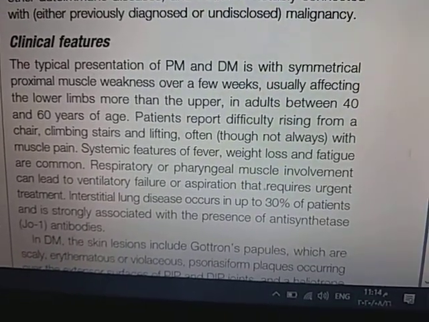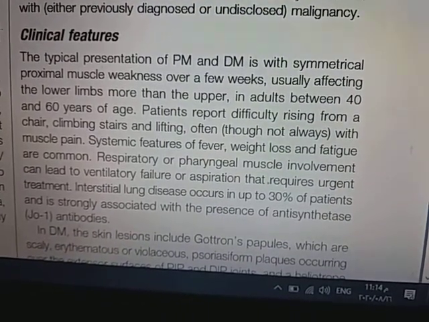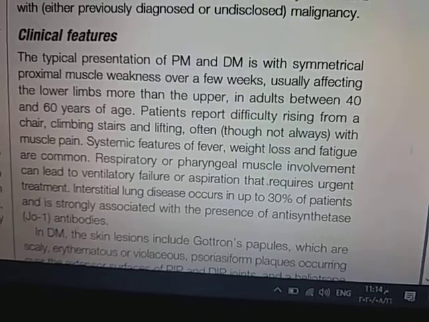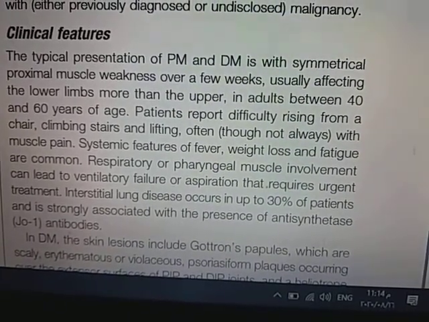Later muscle wasting, contracture, and calcinosis of the muscles. So muscle weakness is a marker of disease activity.